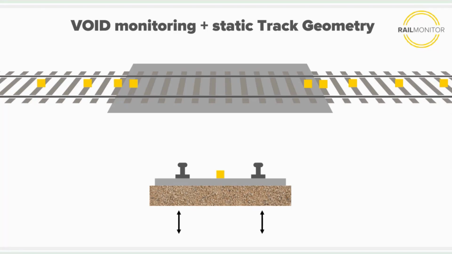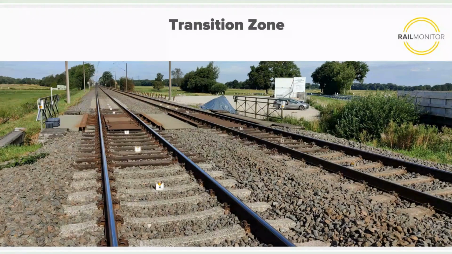This is the setup that you will see here in the moment. So here we have two tracks. We have a bridge, a small bridge actually. They are having some issues in the transition zones where they are experiencing more voids.